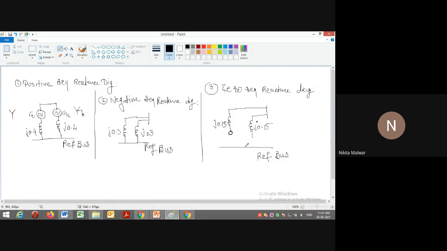The second connection is star grounded, which means this generator is connected to the reference bus.